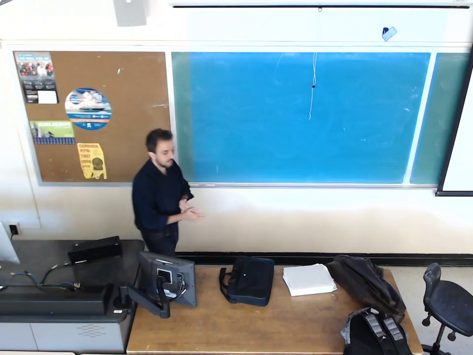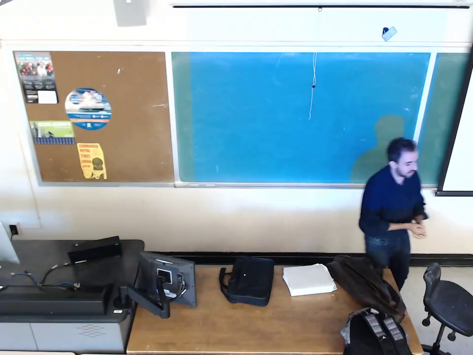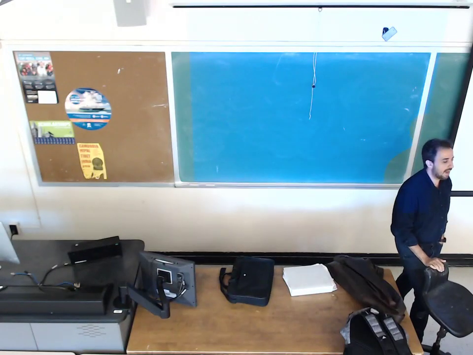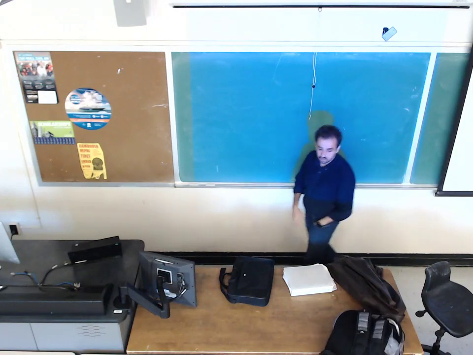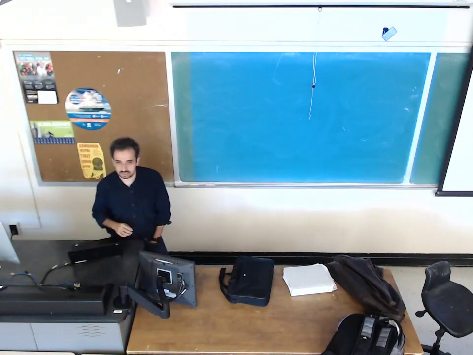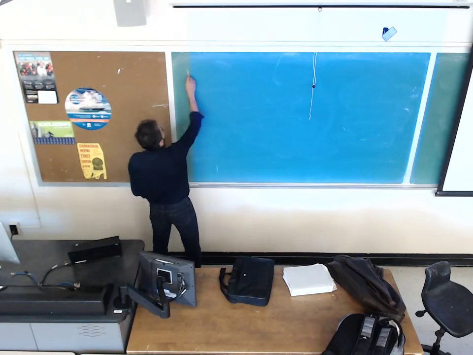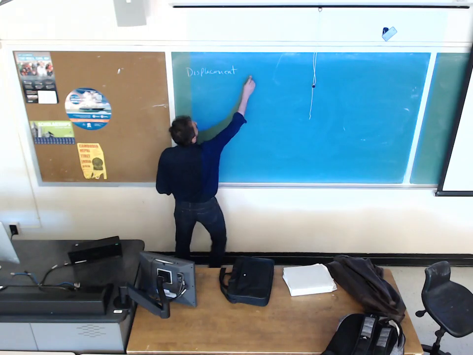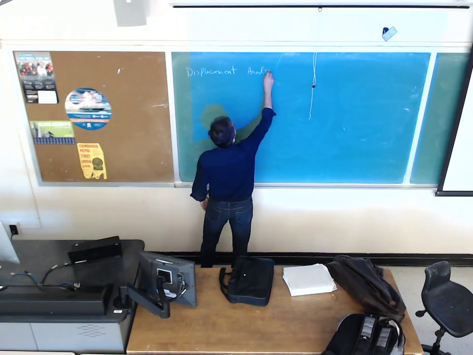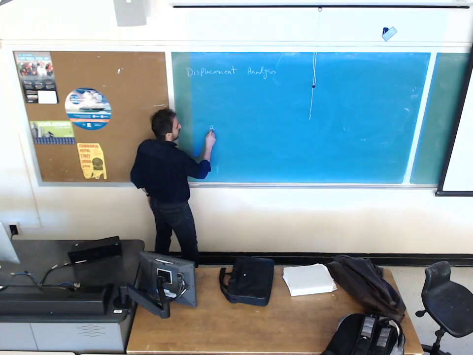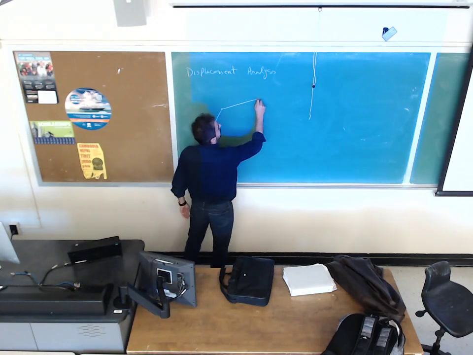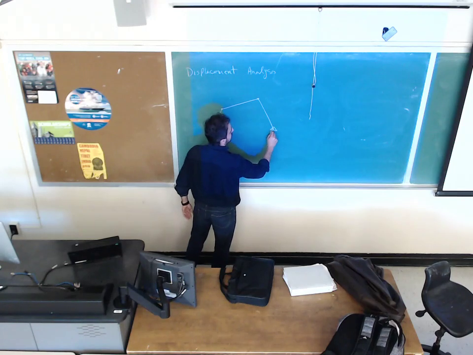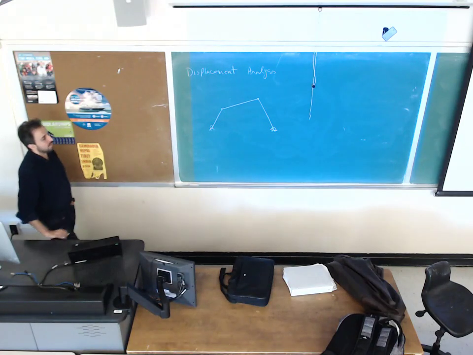Up. Good afternoon. Today we are going to start velocity analysis of mechanism. So we are done with displacement analysis. In displacement analysis, we learned when we are given a mechanism, for example something like this 4-bar mechanism, we find the degree of freedom, which is 1.